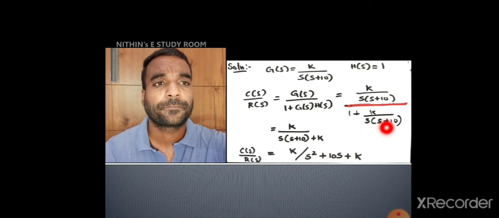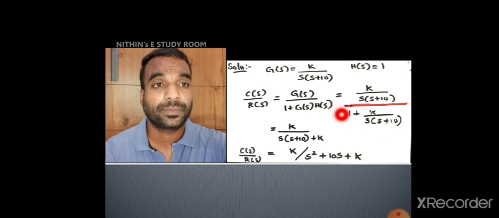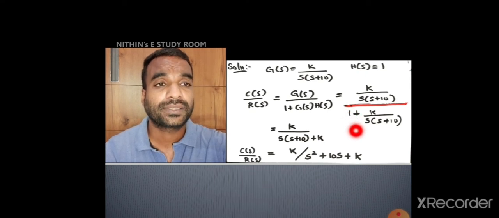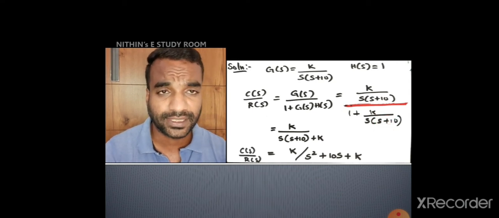What happened? In this denominator, the common LCM will be s into s plus 10. For that, we have to cross multiply to this 1. Then it will become s into s plus 10 plus k all divided by s into s plus 10. Is it clear?